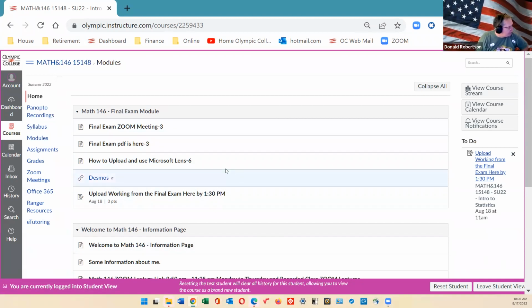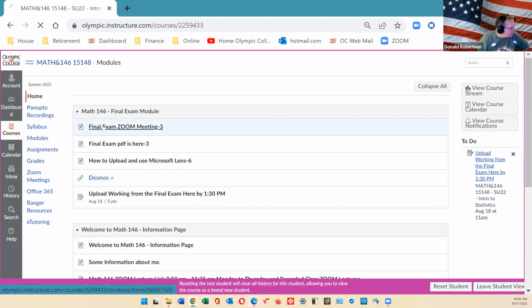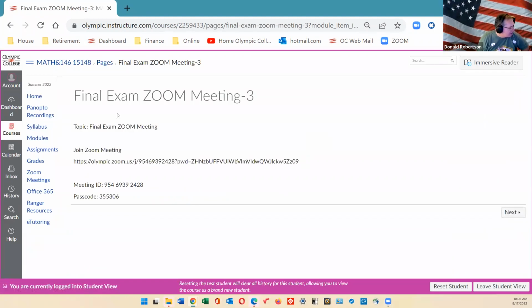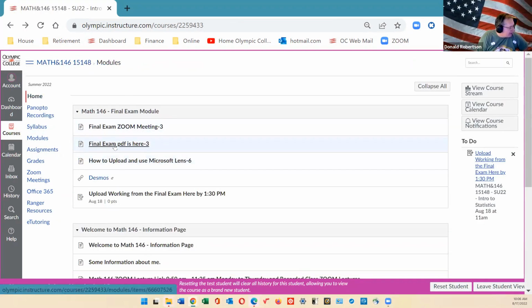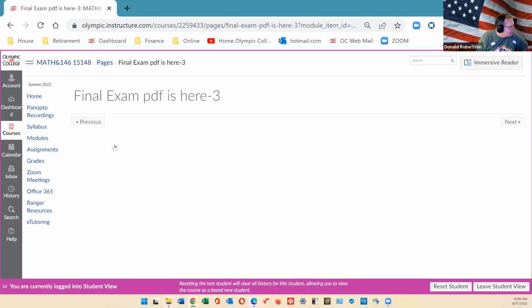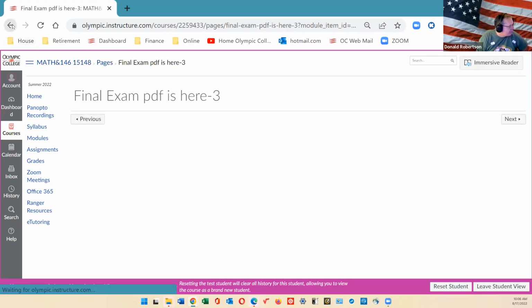And on that, you click on this. Here is the special Zoom link. When you do your final exam, you use that Zoom link, not your class Zoom link, that one. So there it is now. That one better be blank, and if it's not good, it is.